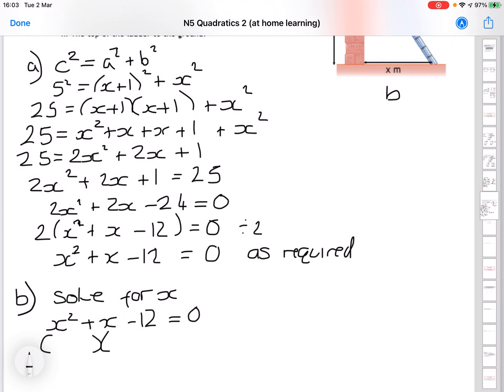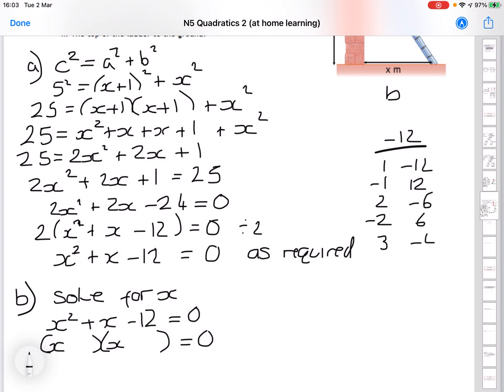Let's see if it will factorise into double brackets. We're looking for the numbers that multiply to minus 12 and add up to plus 1 in the middle. For minus 12, we could have 1 and minus 12, minus 1 and 12, 2 and minus 6, minus 2 and 6, and 3 and minus 4 or minus 3 and 4.